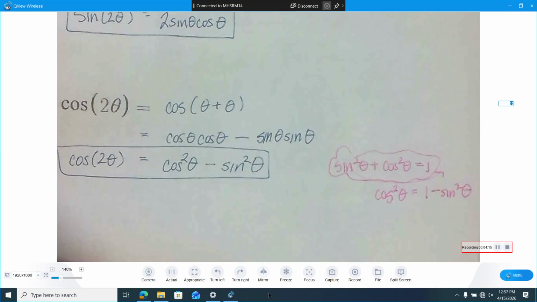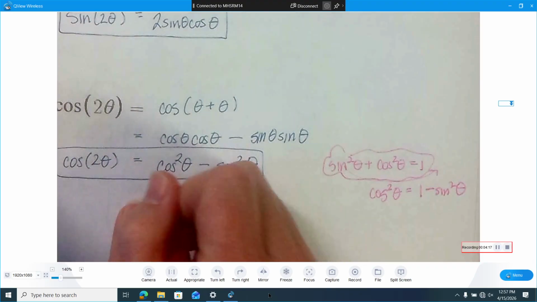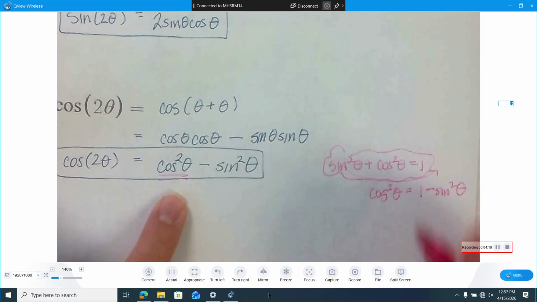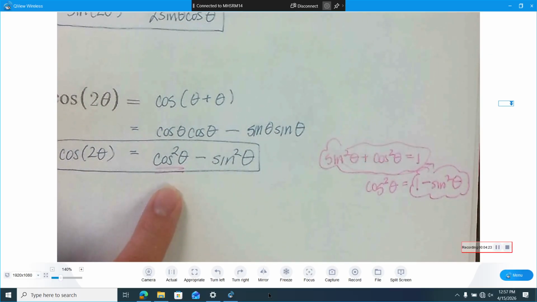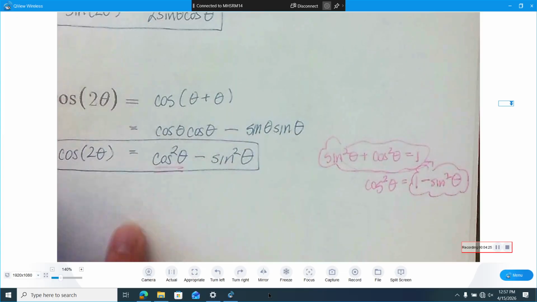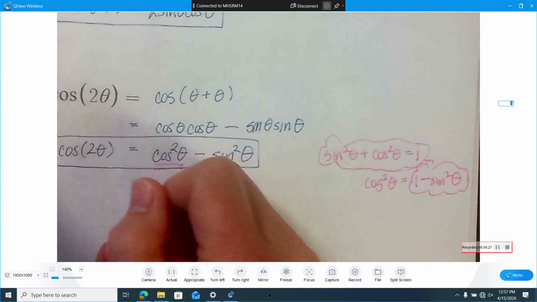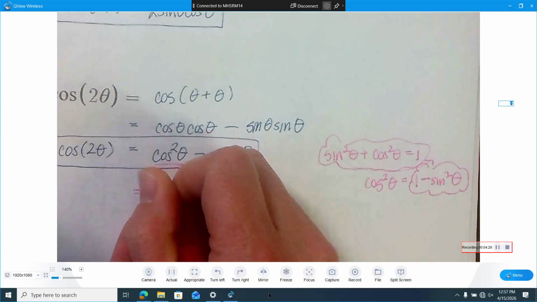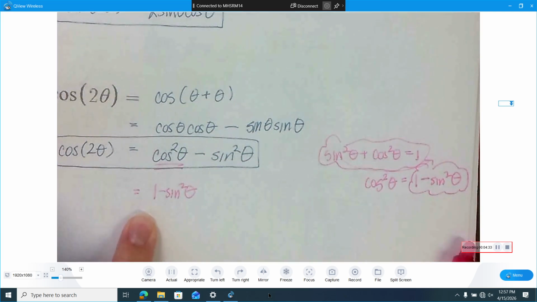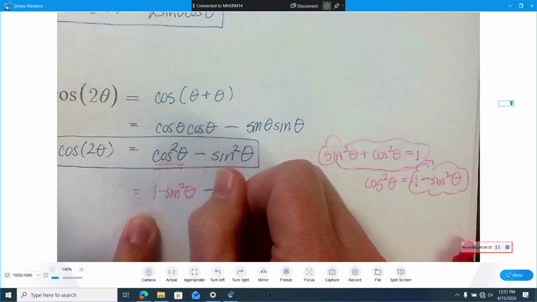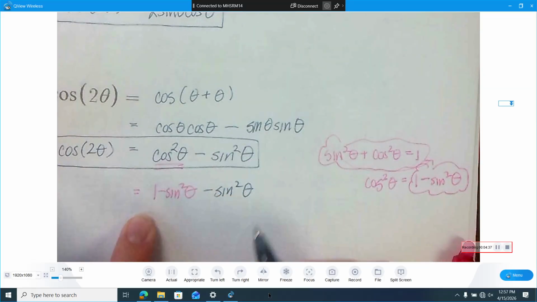And so what I'm going to do is replace cosine squared with what it's equivalent to, which is 1 minus sine squared. So I'm popping in, instead of cosine squared, 1 minus sine squared theta. And then I have my minus sine squared theta.